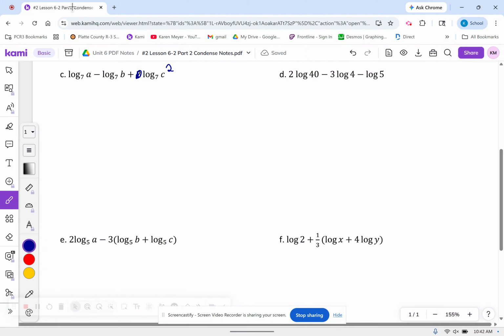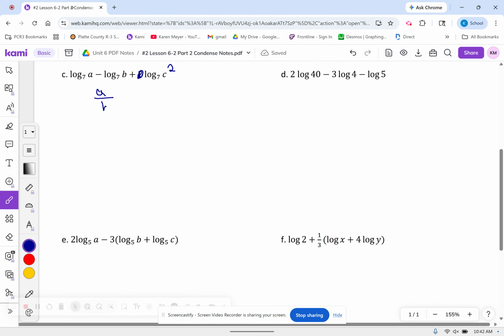And then I notice I have a subtraction, and subtraction is going to change to division. So I'm going to take A divided by B. And then I see plus. Plus is going to change to multiplication. And then I'm going to multiply that by C squared.